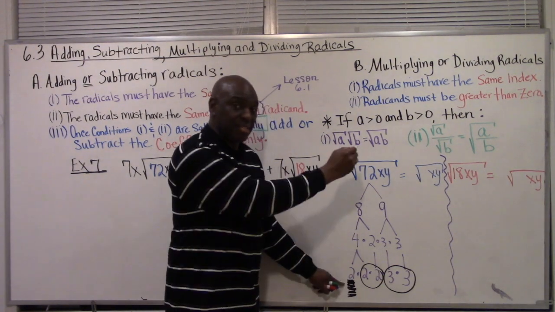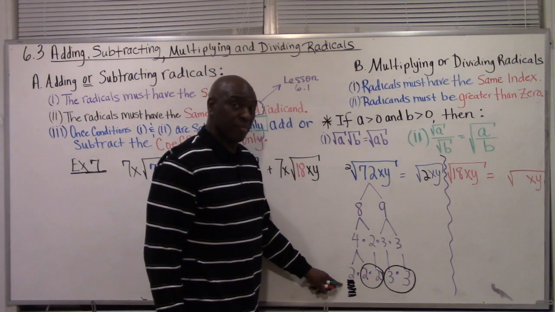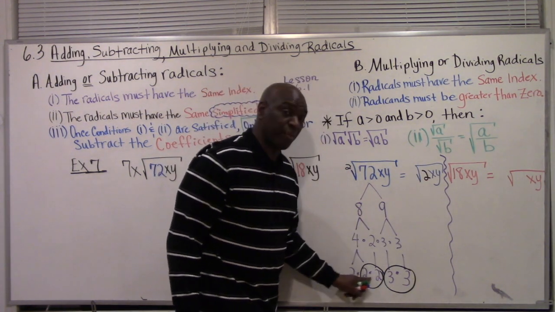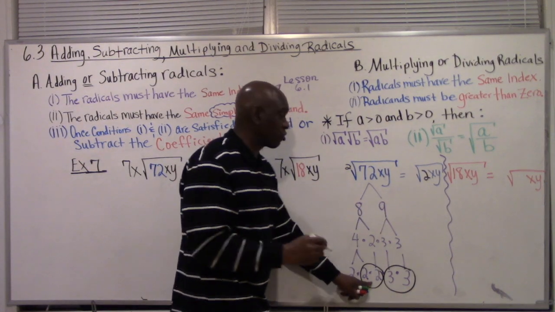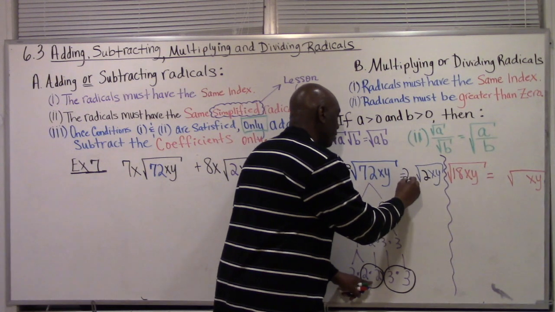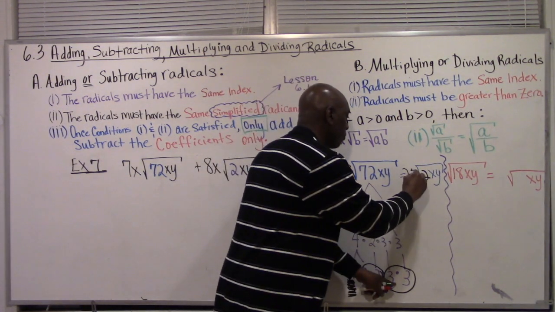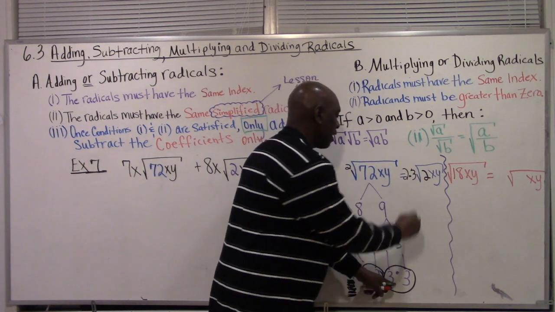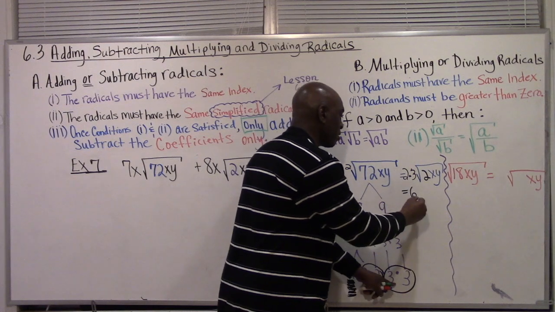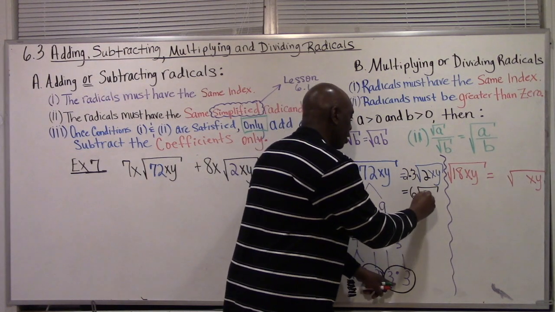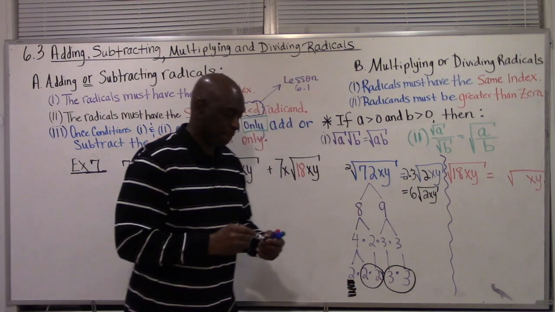Put this 2 back inside the house. And then you take one number from each group to represent out front. So take only 1 2 from this group times a 3 from that group. And so this is going to equal 6, because 2 times 3 is 6, square root of 2xy.